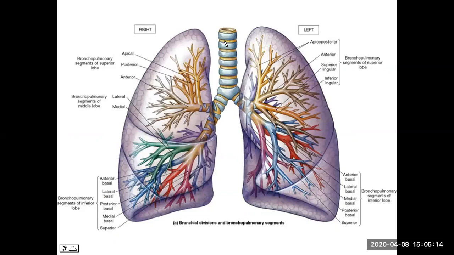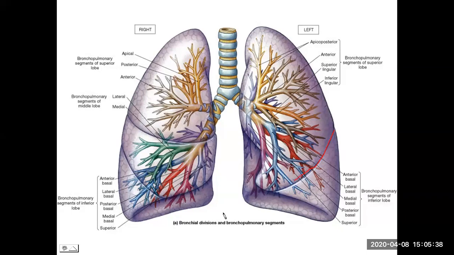So now we have an overlay of the bronchial tree and all the branch points from the primary, secondary, tertiary bronchi, bronchioles, and we can see it now in context with the shape of the lungs, the 3 lobes to the right side, the 2 lobes to the left, and the fissures that separate them.